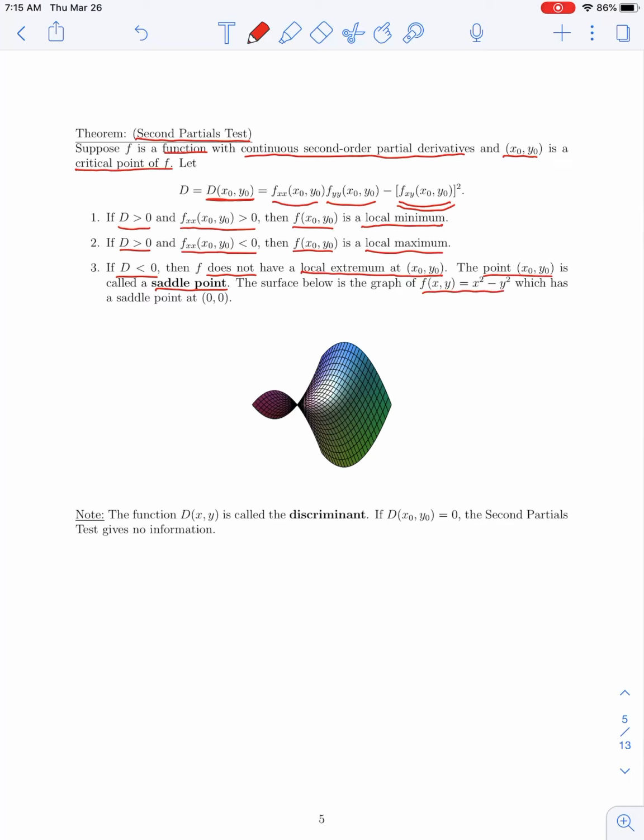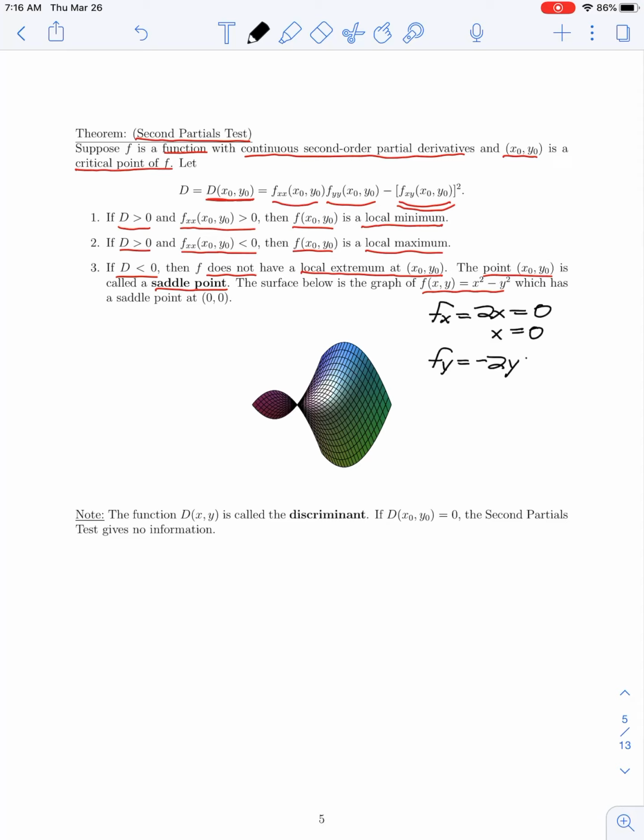So here we are considering the graph of the function f of x, y equals x squared minus y squared. The graph of this function is shown below, and I claim that it has a saddle point at 0, 0. So let's see why. Our partial derivative of f with respect to x is 2x.